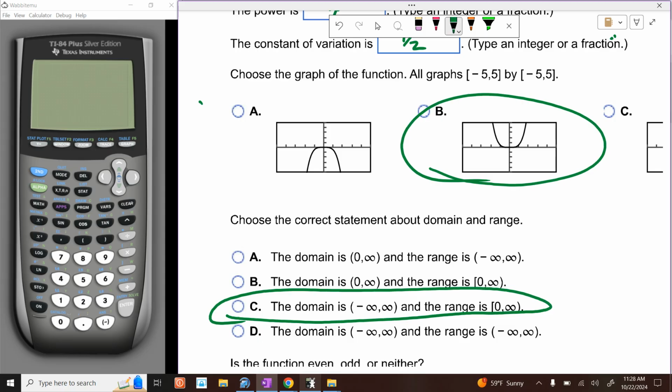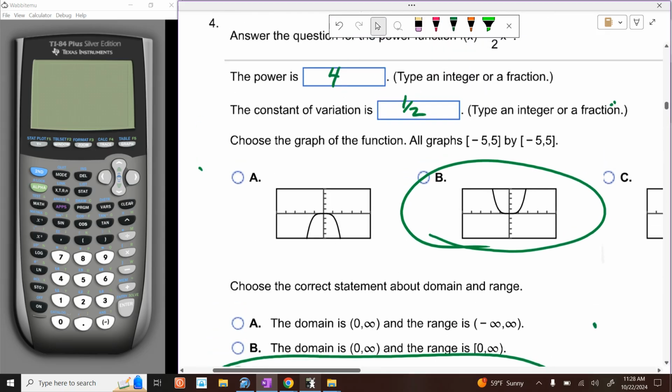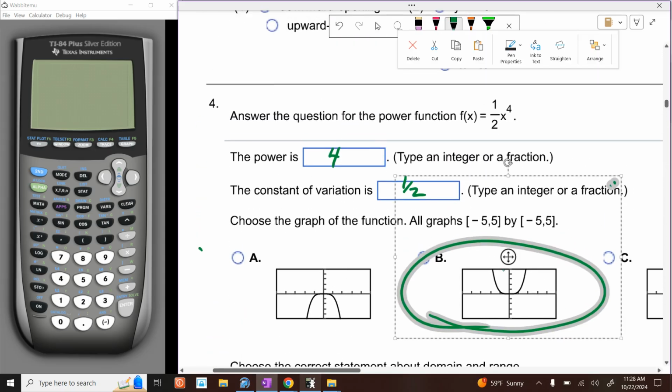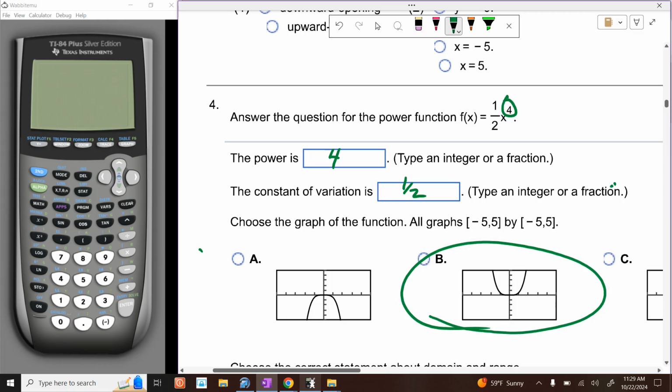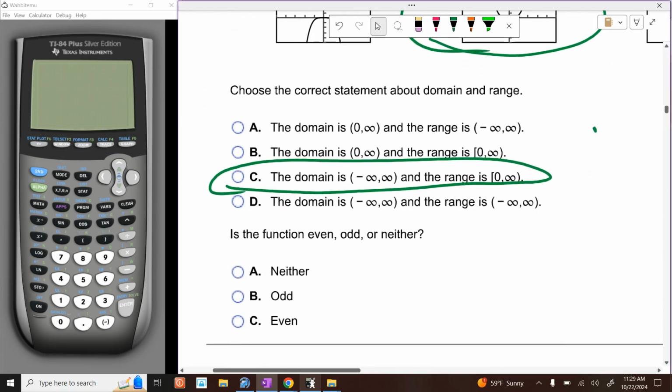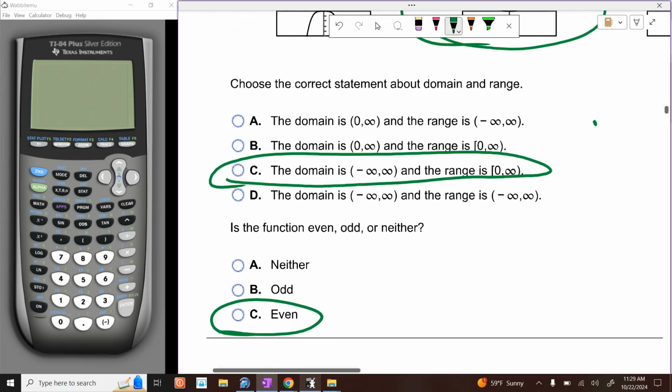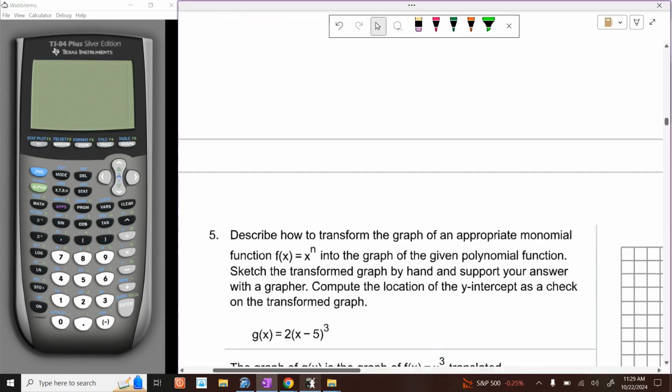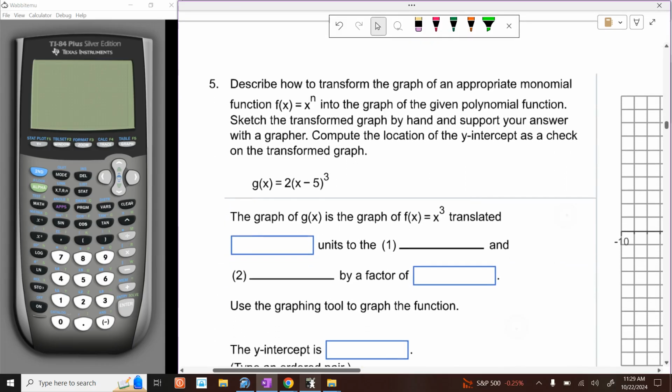Well, even function, because this is an even power, okay? An even power. And so if it's a perfect reflection across the y-axis, it's an even function. All right.